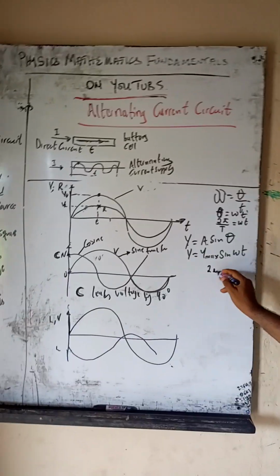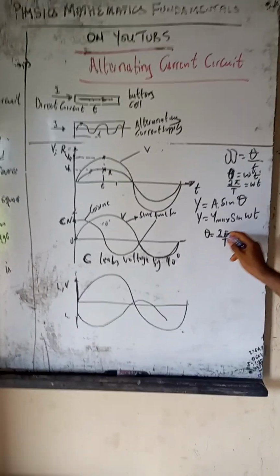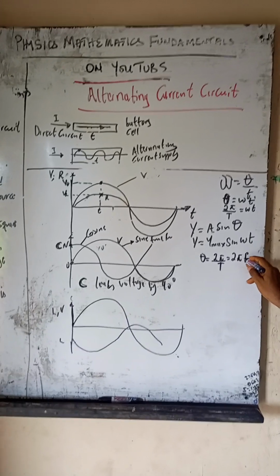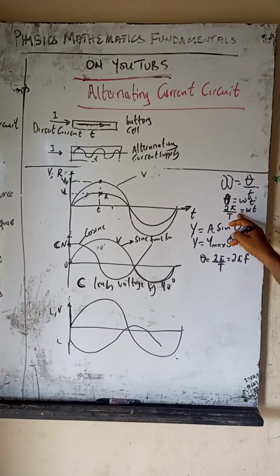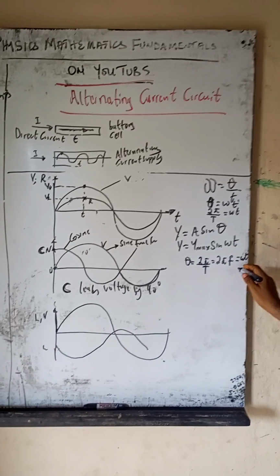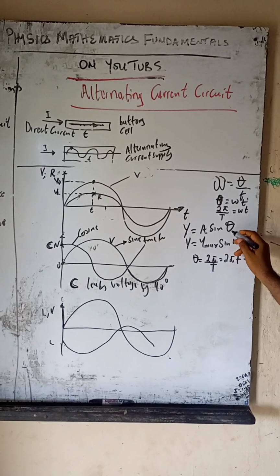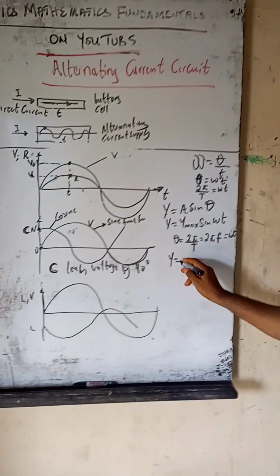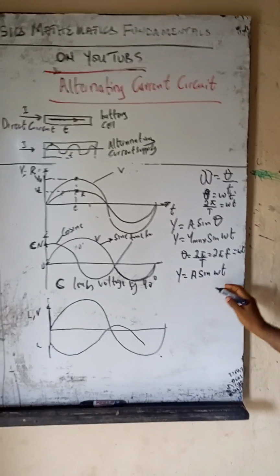So that means 2 pi divided by T can be written as 2 pi f. So in a nutshell, this particular 2 pi f is also omega t. So this theta that I have here can be written as y is equal to a sine omega t.